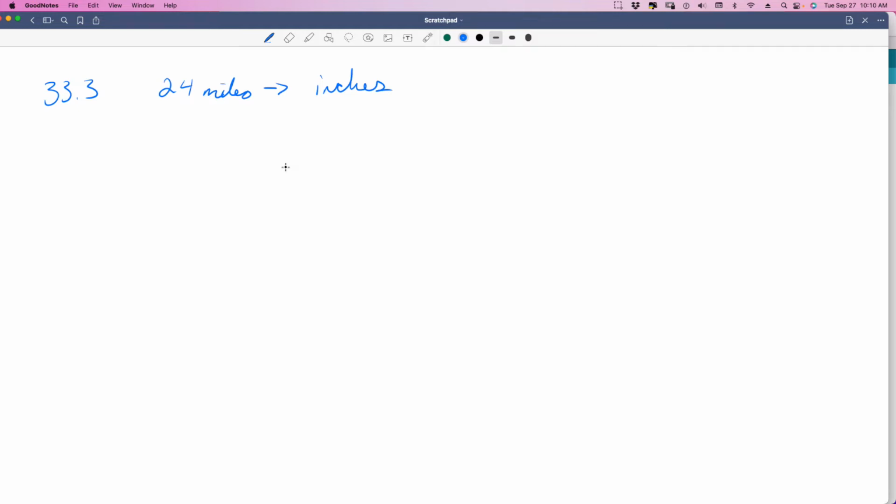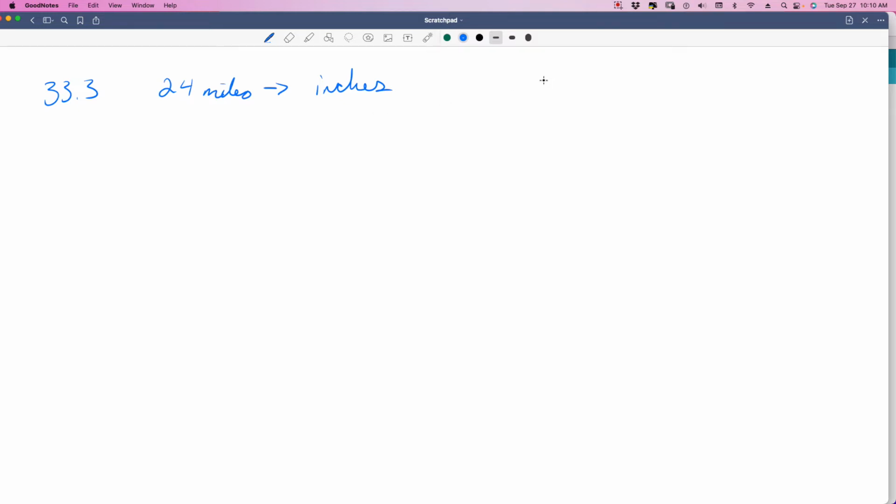That's the question you need to ask yourself. Well, first of all, if I'm going to go to inches, I know that between miles and inches, there's feet. So I need to go from miles to feet to inches. So from miles to feet, I need that one. So I'm going to look that up.